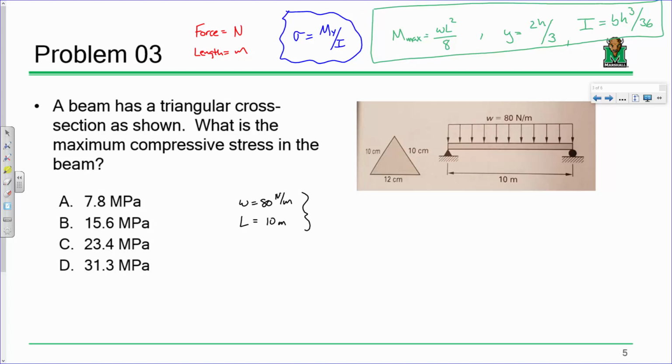So from those two, M is wL²/8, which is 80 times 10 meters, don't forget to square that, over 8. 80/8 is 10, so that's 10 times 10 times 10, so that's 1,000. Is that right? So that's 1,000 newton meters.